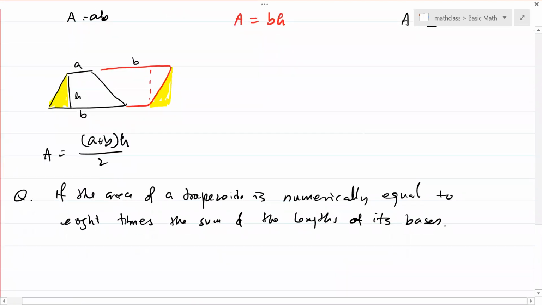Okay, so question is, what is the height?